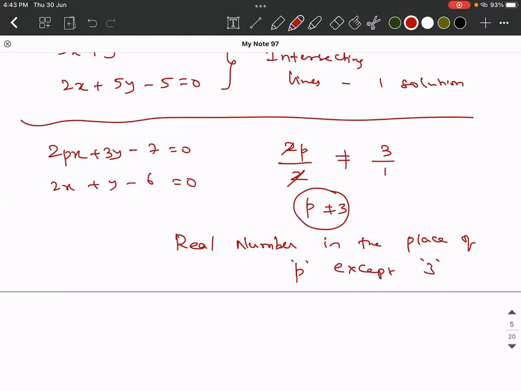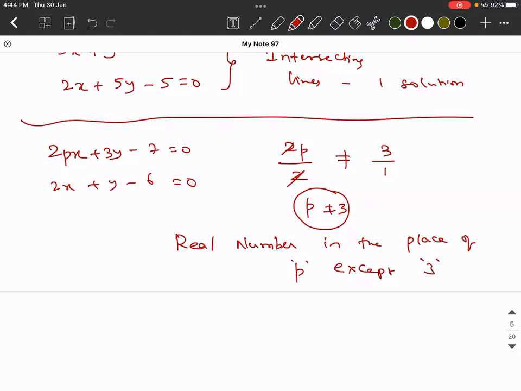I hope it is clear, no? Shall we go fast now? You will not find p, you need to find the values of p. Read the question carefully. What is the statement? Read the question. Find the values. So the value of p can be any real number except 3. That is what I meant.